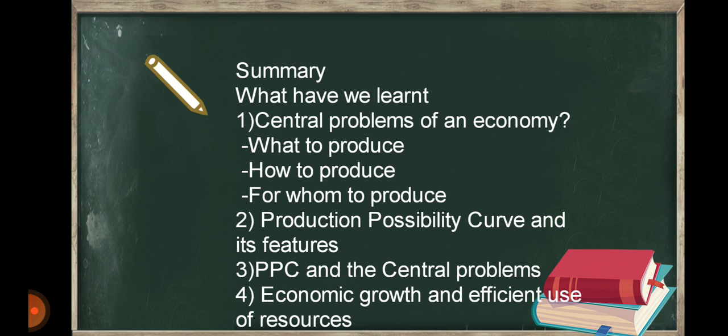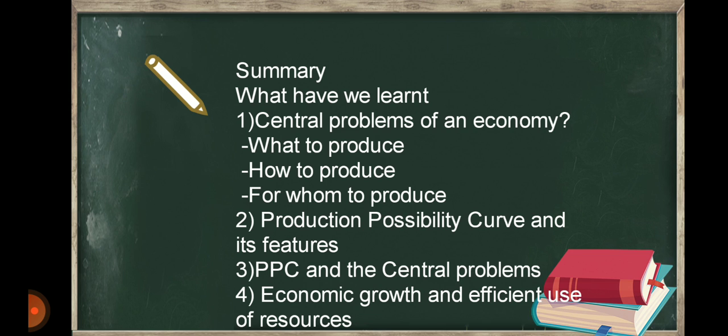Now we came to the production possibility curve. What is it? It shows the possible combinations of two goods that an economy can produce with given resources and available technology. Then we discovered the PPC features. What are the features of PPC? First, downward sloping, and it shows the locus of all attainable points.